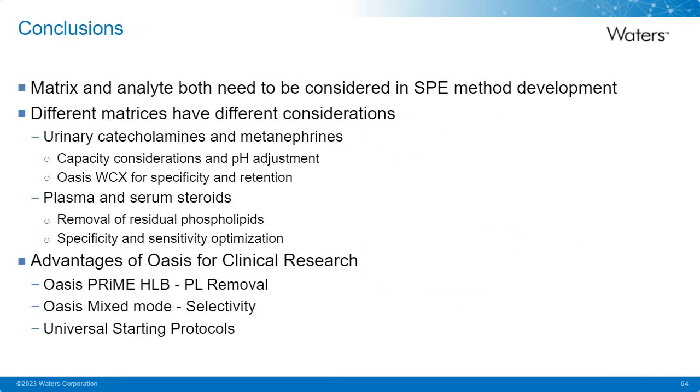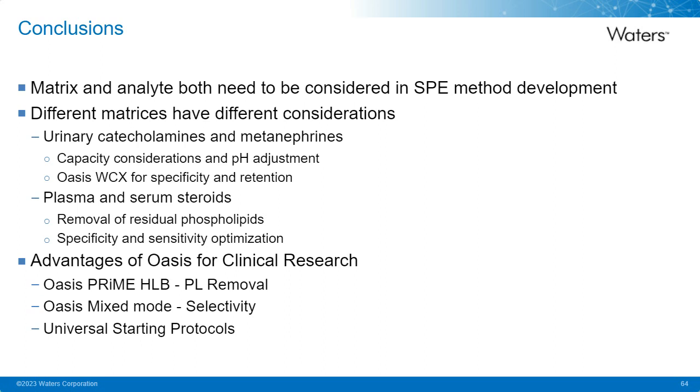Before we cut out again, to wrap up, the matrix and analyte both need to be considered when we're doing SPE or any sample prep method development. And different matrices have different considerations, such as capacity and pH adjustment for the CATs and METs. For the plasma and serum steroids, we have phospholipids, specificity, and sensitivity, as well as we need to get rid of protein binding as well.